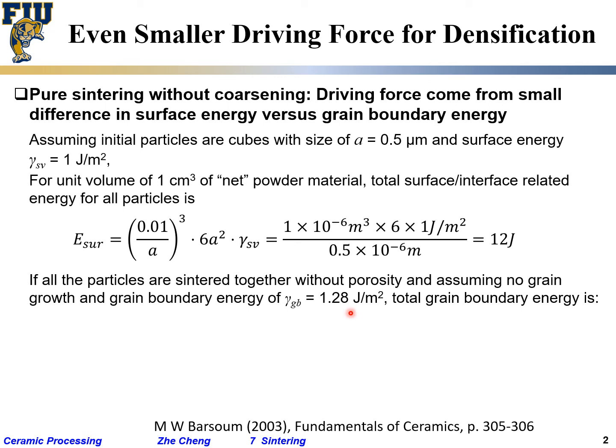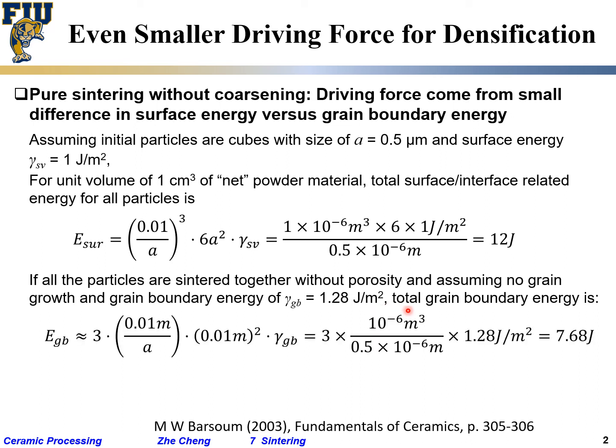It may be higher, maybe lower. Okay, total grain boundary energy, I'm giving something like this. Okay, I put an approximate sign because we are only doing an estimate based on a highly idealized model, right? 1 cubic centimeter, every grain the same size, every grain the same cube shape, a highly idealized situation.